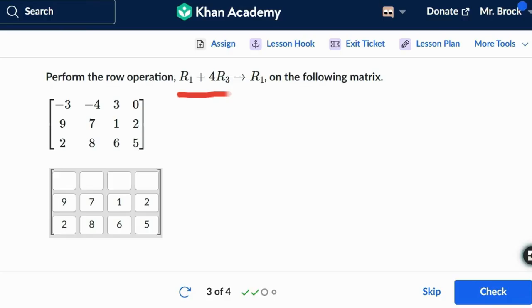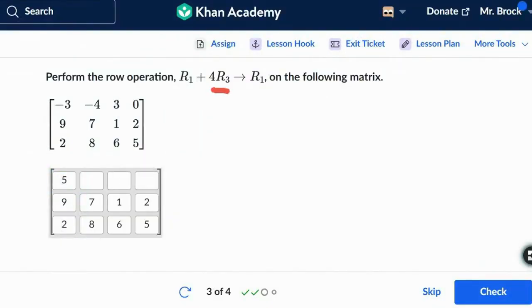So row 1 is negative 3. Row 3 is 2. 2 times 4 is 8. So we're going to add 8 plus negative 3. Put it right there. That would be 5.